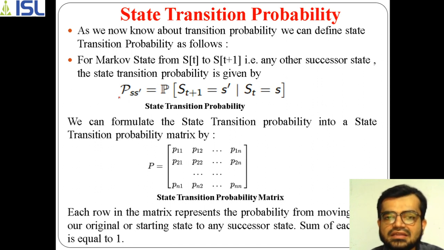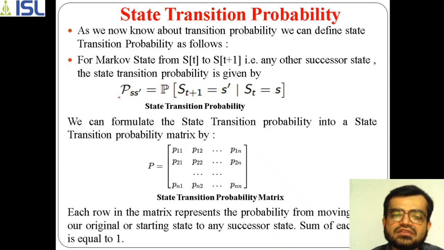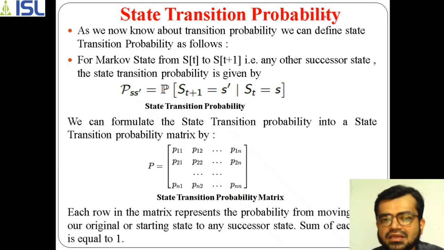As we have seen, what is transition probability? If I am moving from one state to another state, I have a transition probability. For a Markov state, if I am going from ST to ST plus 1, the state transition probability will be in this way.